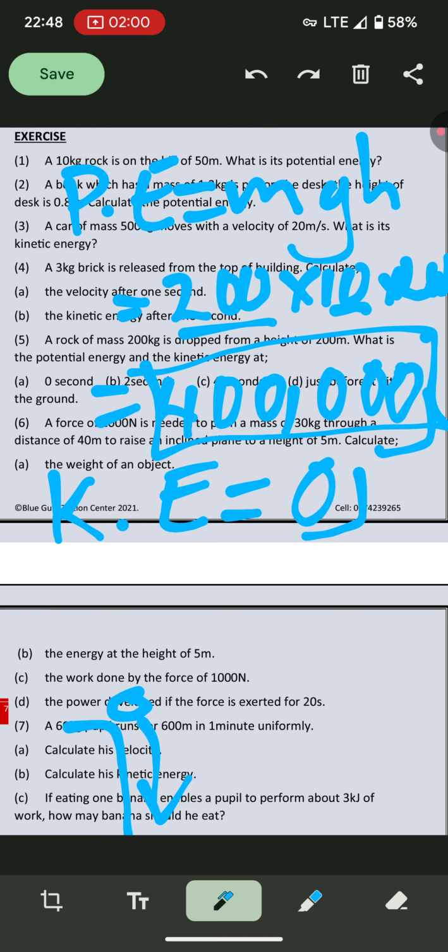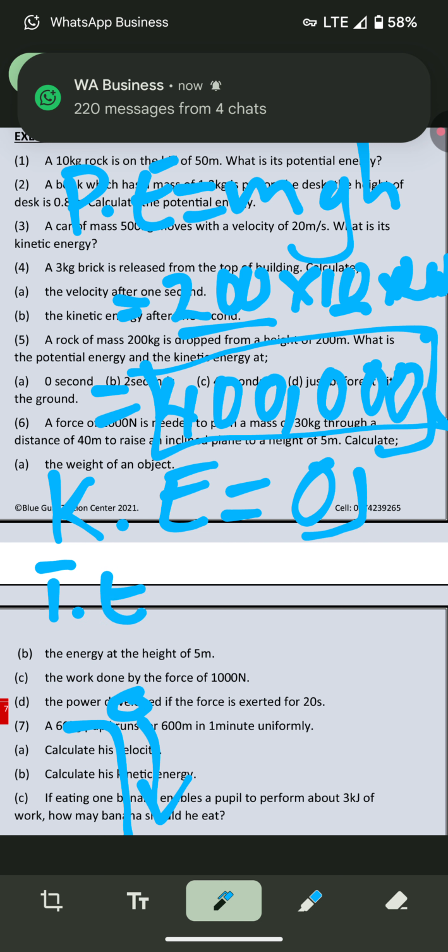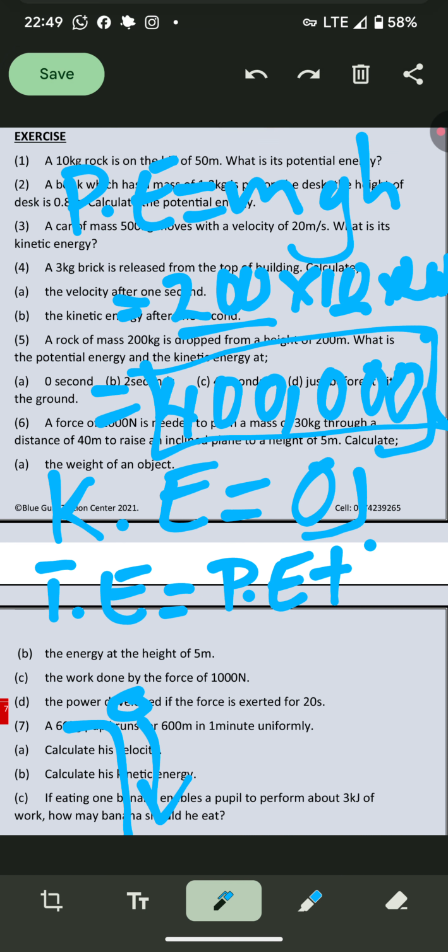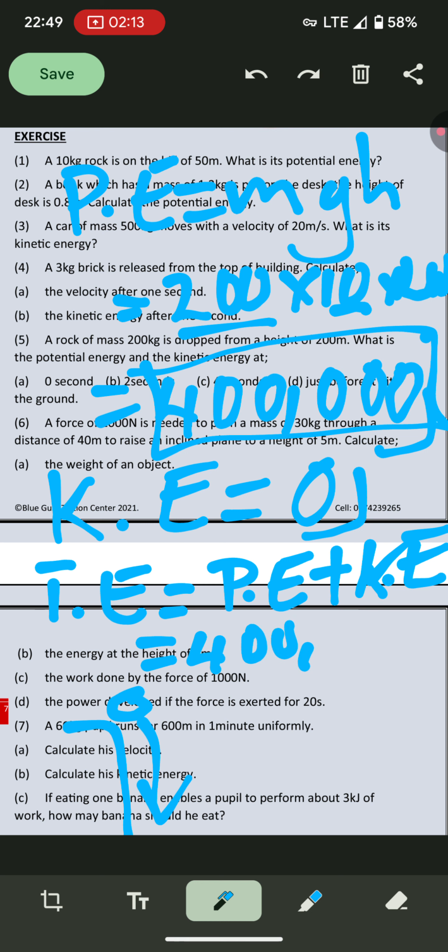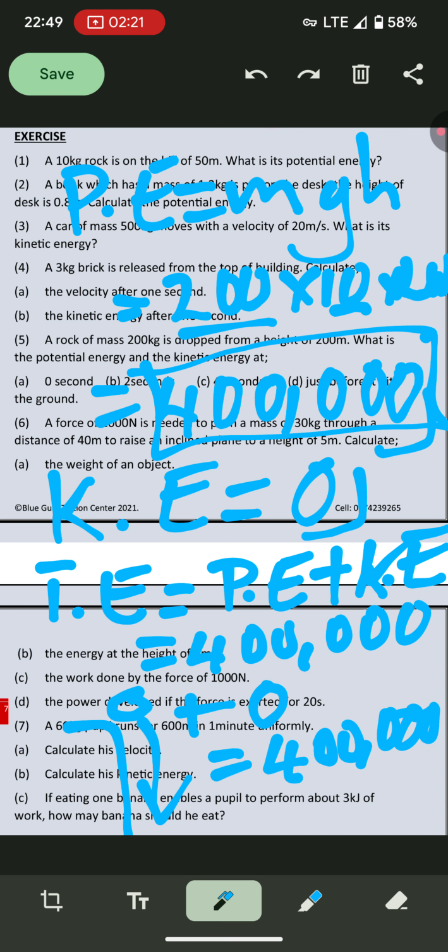In this case, total energy is equal to potential energy plus kinetic energy. Potential energy we know is 400,000 plus kinetic energy 0. So the total energy is just 400,000 joules. This is the total energy.